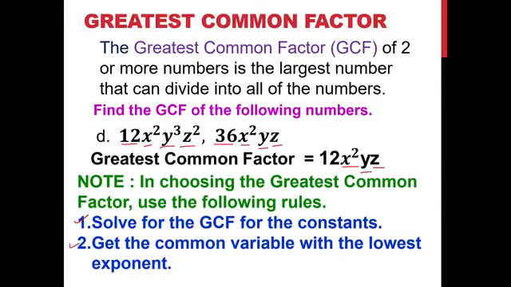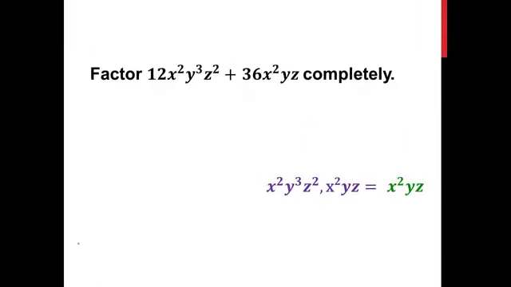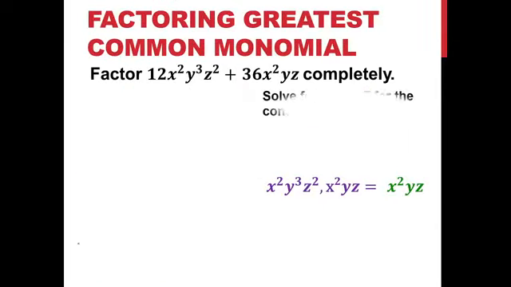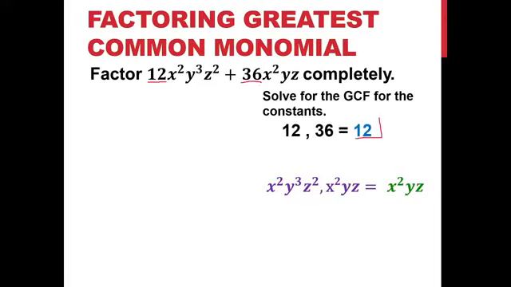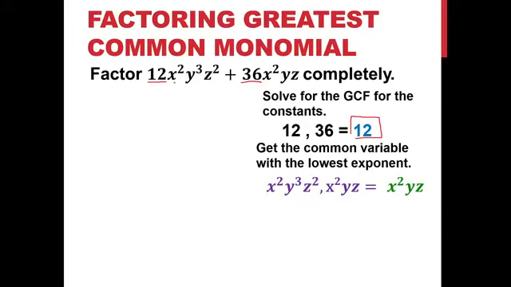Now let's apply this over factoring. So you have here, factor this. First step, what's the GCF of 12 and 36? The GCF of 12 and 36 is 12. That's totally right. Now this time, you look at the variable. This one and this one.